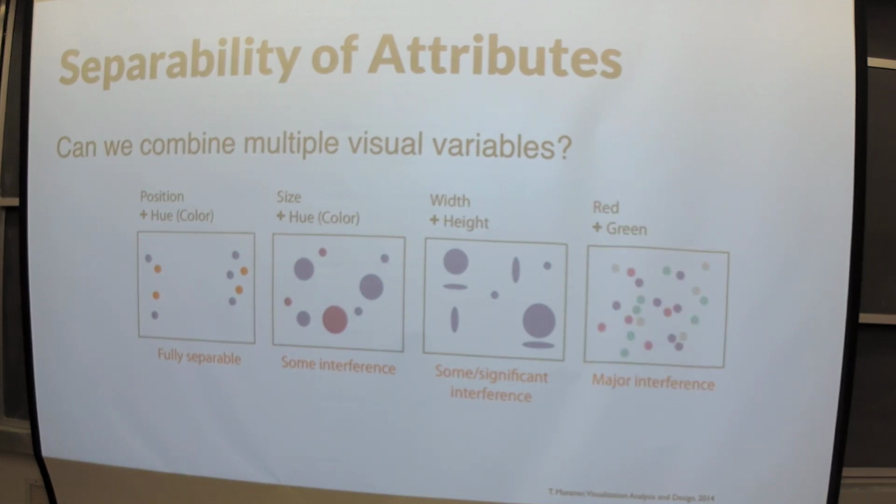And what I definitely cannot do is to take the RGB values of a point and say I can encode one in the red channel, one in the green channel, one in the blue channel, because that is completely not separable, right? So here we have major interference. And so we have to be very mindful, if we start combining them in some way, that we really still have a visualization where we can separate these attributes well.